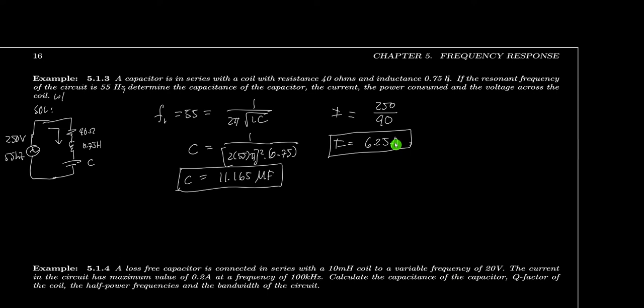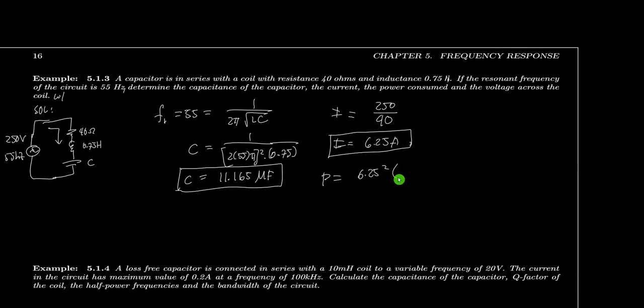Next, what should be the power being consumed? So this is just the real power. We already know the formula for real power. The real power is the power being consumed by the resistor itself. You can use the 250 voltage, because the voltage across the 40 ohms is also 250, or we can just use this current here, 6.25.